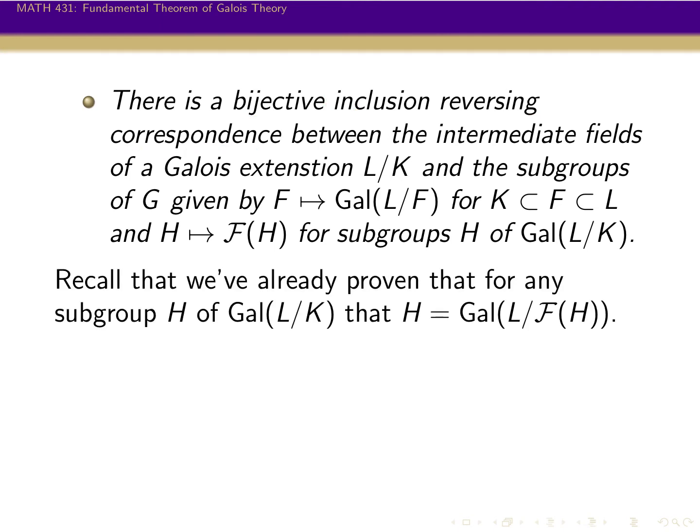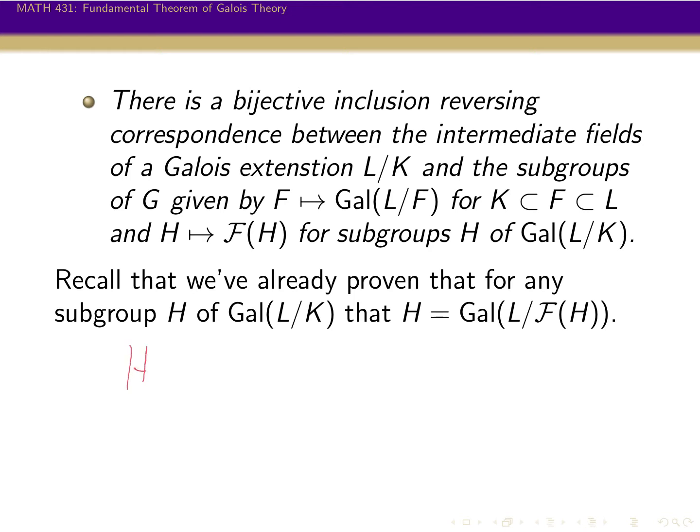So half of this we've already done. We've already proven, and we had this up earlier on, that if you're given some subgroup H of the Galois group of L over K, then H is equal to the Galois group of L over F of H. So how does this fit in with the bijection?